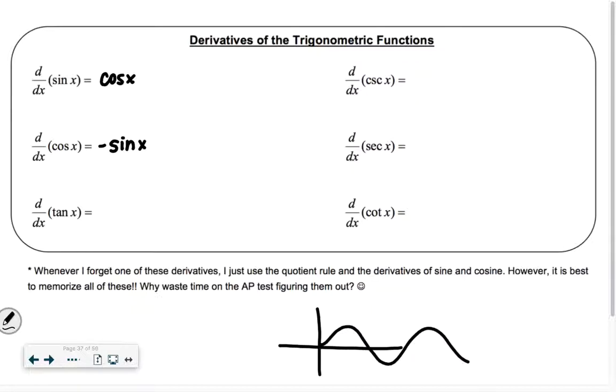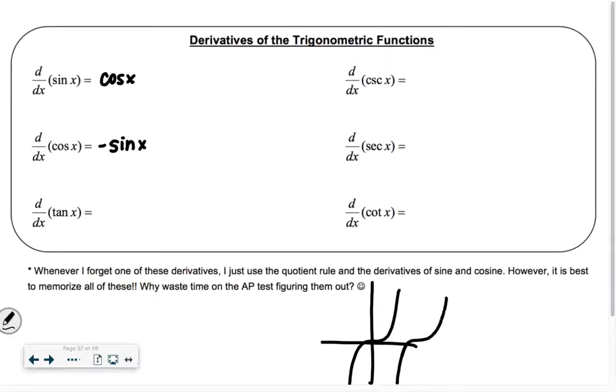Like sine looks like this, and cosine's just been shifted a little bit. So their derivatives are very similar. They're going to be cofunctions of each other. Do you guys see that? So same with tangent and cotangent. Those are cofunctions of each other. If you think about tangent and cotangent, they're like this, but then one of them is going to be shifted over by pi over 2. Right? So you could find both of those.